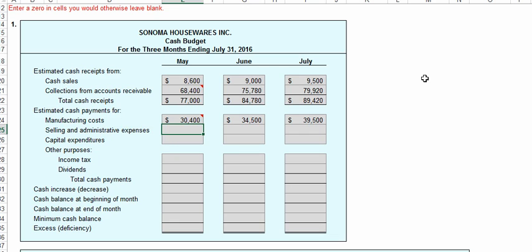That makes this one easy. We just pick up the numbers from the chart. 15,000 for May. Paid in cash in the period incurred. No calculations here. 15,000 for May. 16,000 for June. And then July, 22,000.